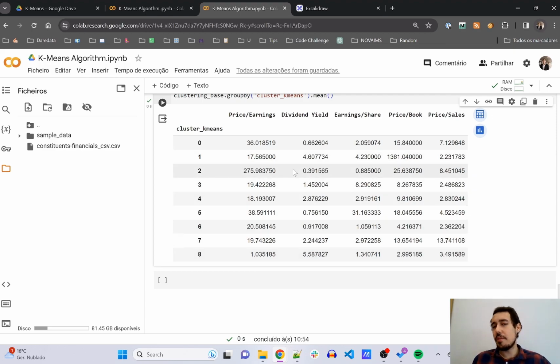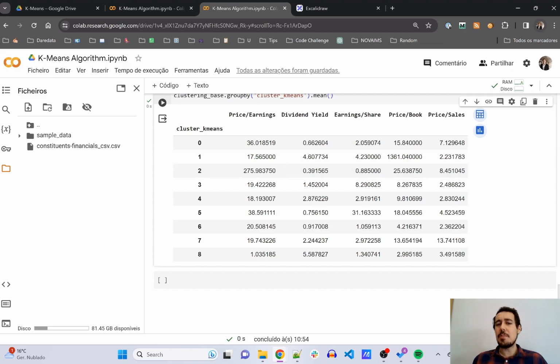On the other hand, when you have low dividend yields, that normally means technological companies. And I bet that this cluster 2 is that because of high price to earnings. They don't earn that much money, but they are very, very expensive as companies. It means that the shareholders, and the stock market, are really betting that this company will grow a lot in the future, because you are paying a lot for their current earnings.